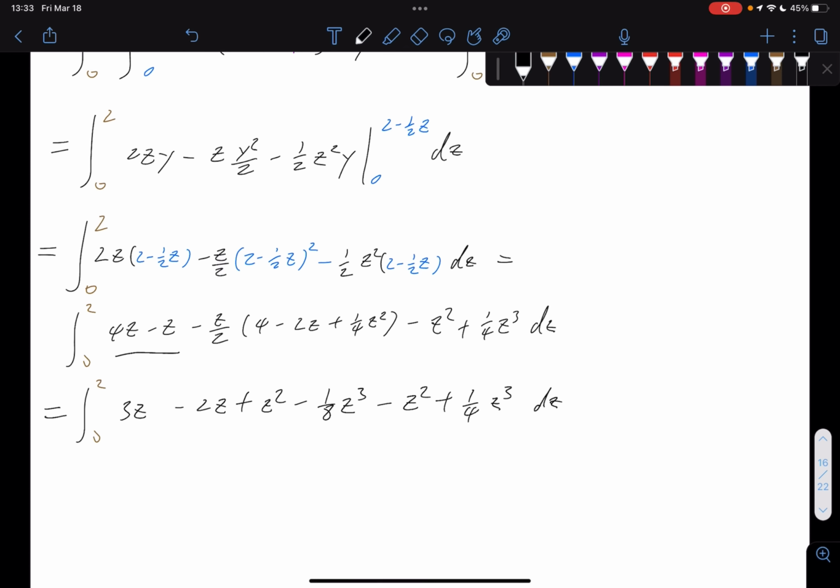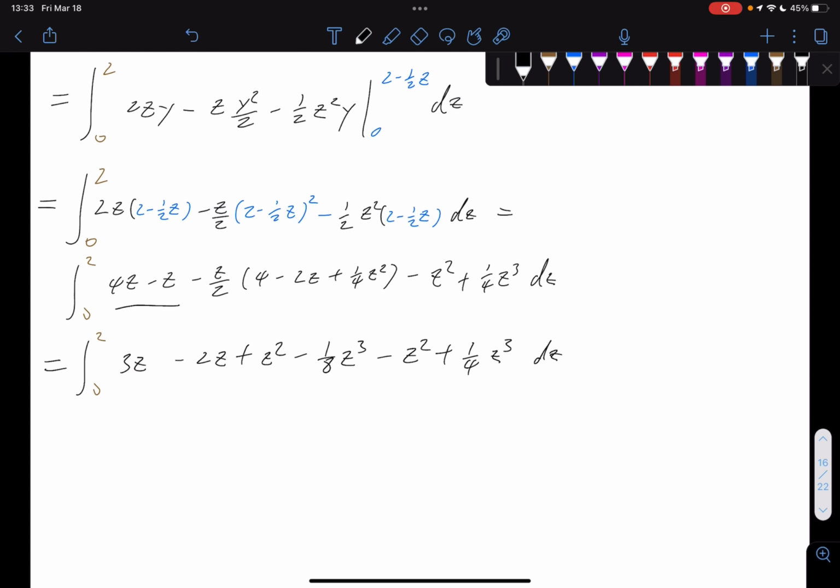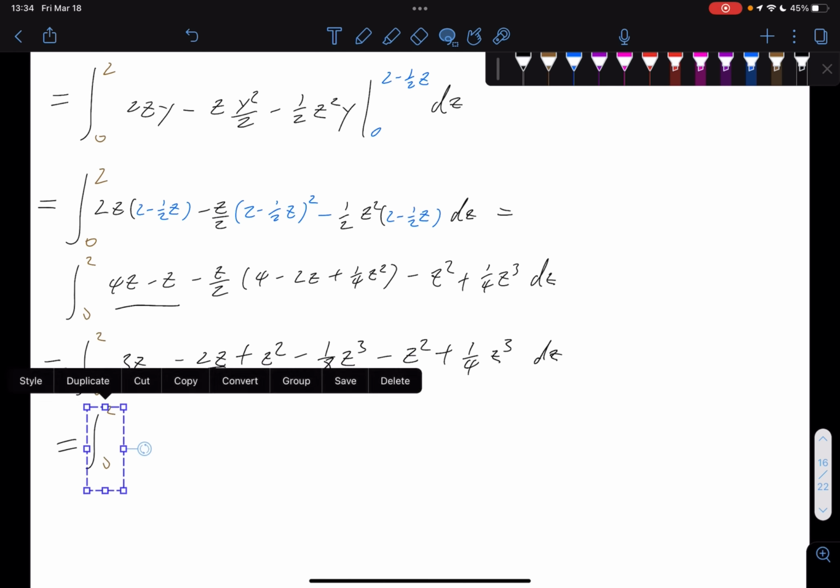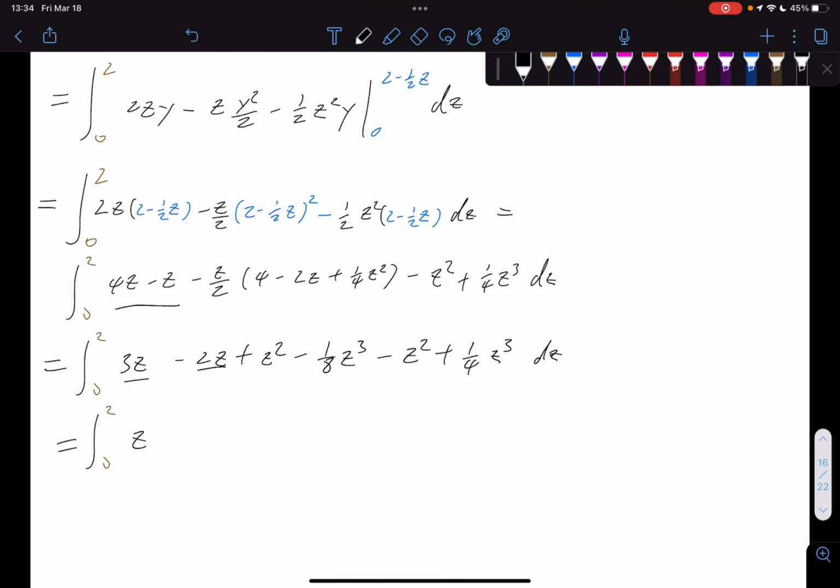So let's go ahead and simplify the terms. So that's z to the first power, so that's 1z. And then z to the second power, so that cancels out. And then z to the third power.